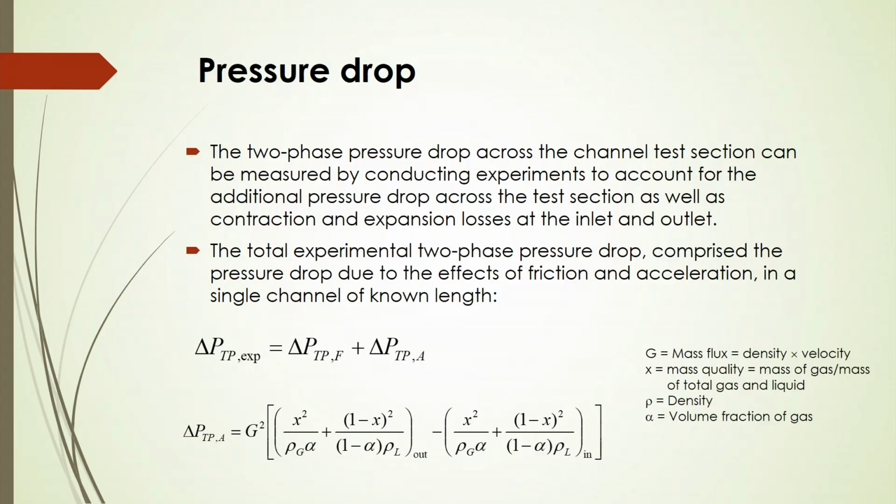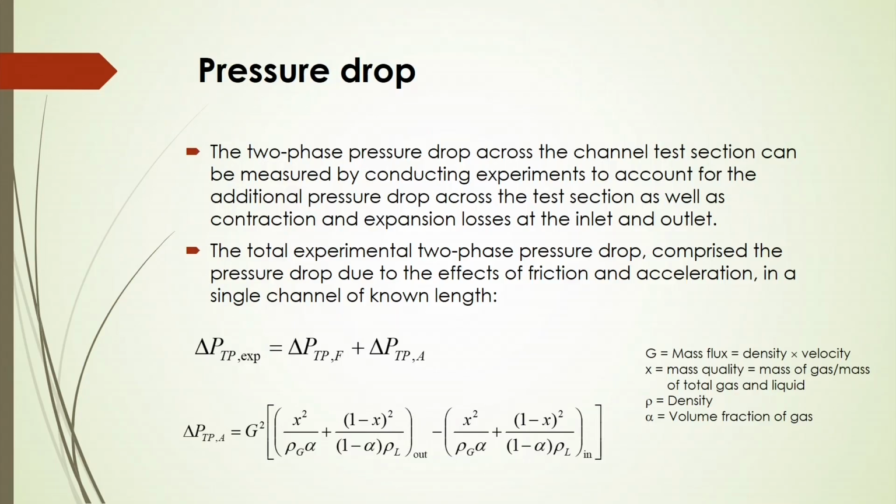Now, the two phase pressure drop across the channel test section can be measured by conducting experiments, accounting for the additional pressure drop across the test section, as well as the contraction and expansion losses at the inlet and outlet.